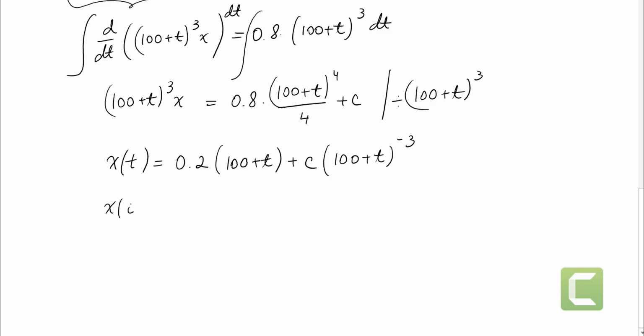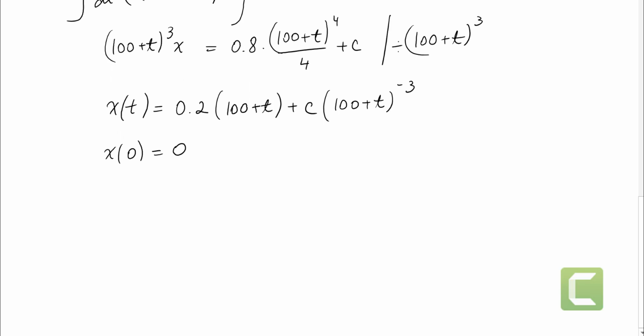We know that initially we had pure water or no substance, so this means 0.2 times 100 plus c over 100 to the third equals 0.